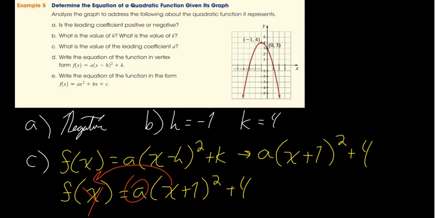We're just going to plug in a point that is on the graph. We know on this graph that we have the vertex at negative 1, 4, and it gives us the y-intercept here. So we're going to plug in a 0 for x and a 3 for y.